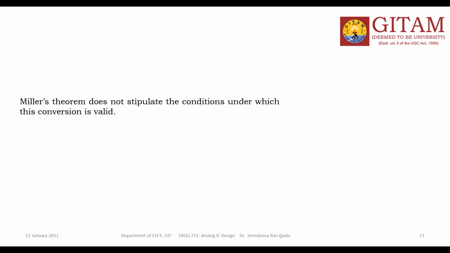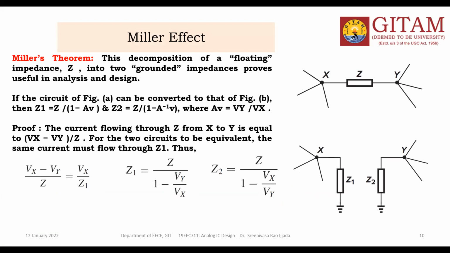Miller theorem does not stipulate the conditions under which the conversion is valid. Sometimes the Miller theorem is not applicable, as I told you. In the previous pictures, since the current is valid in both directions, Miller's theorem is applicable. Suppose current is valid in only one direction, it is difficult to apply.